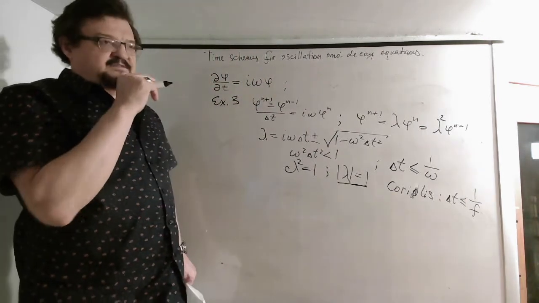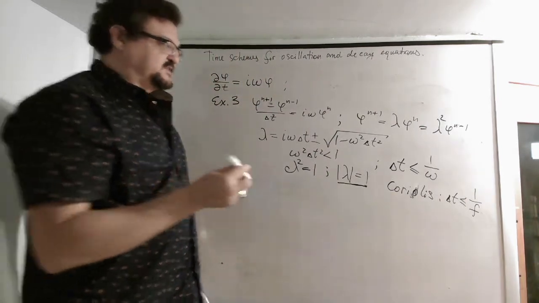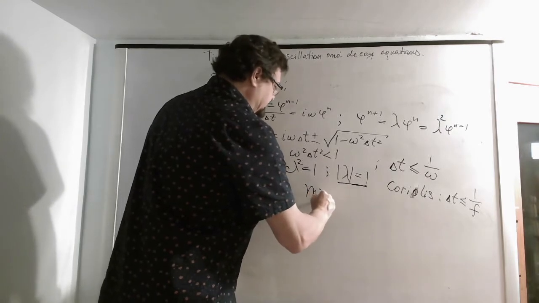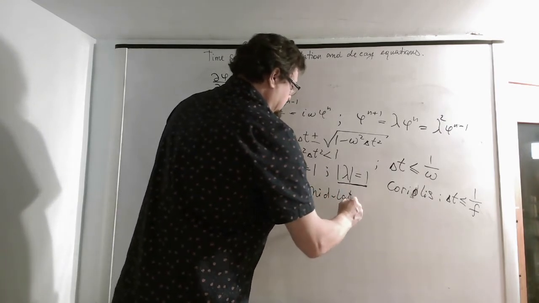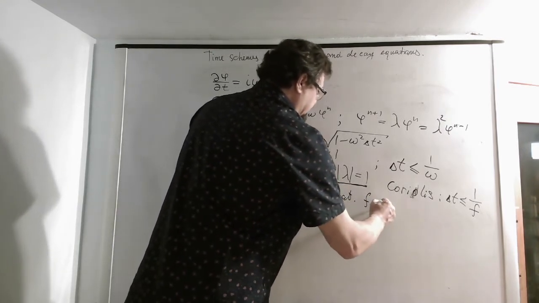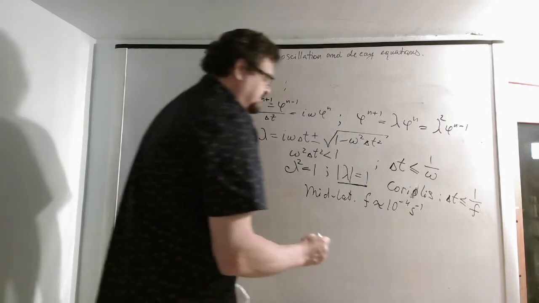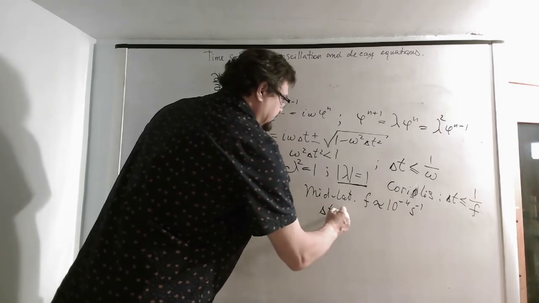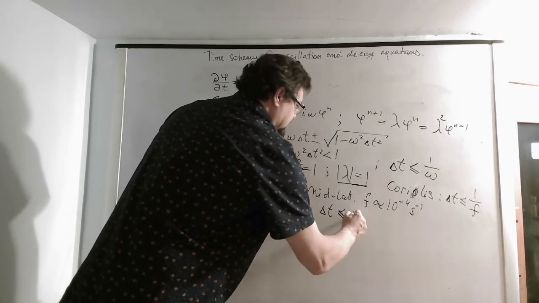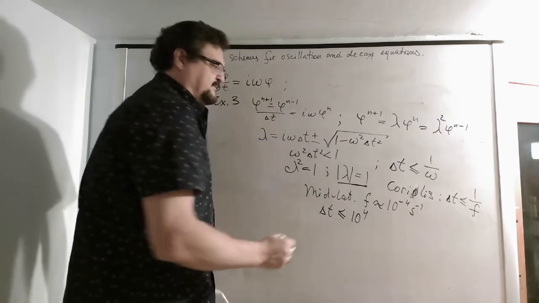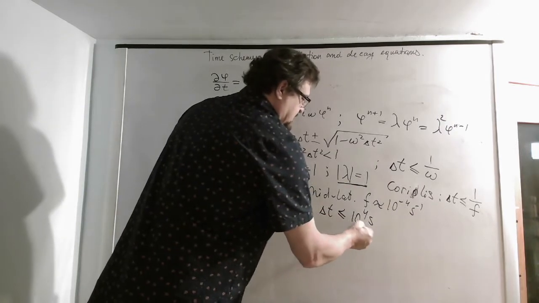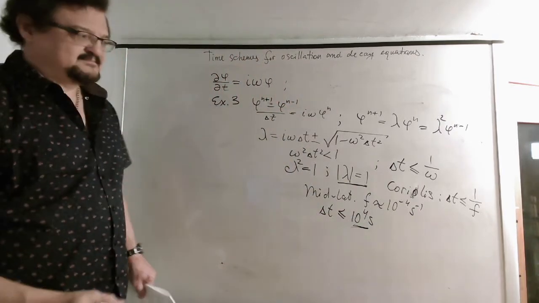So f in mid-latitudes is on the order of approximately 10 to the minus 4 inverse seconds. So delta t would be smaller than about 10 to the power of 4 seconds, which is plenty.